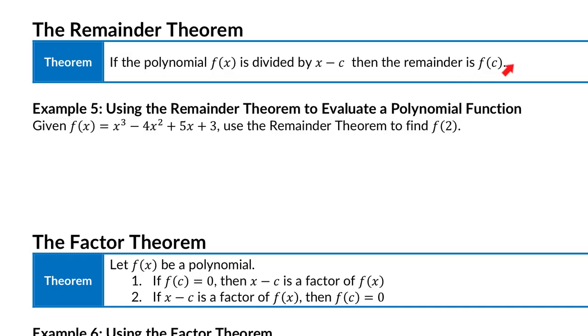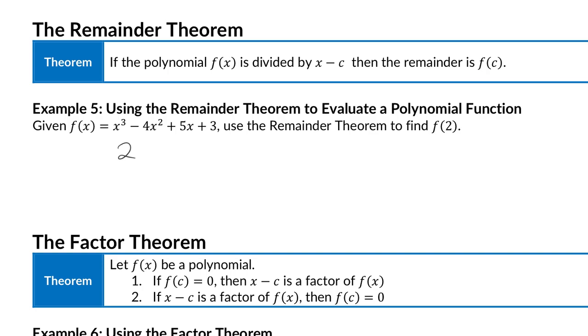So we can also use the backwards of this, that if you wanted to find f of c, evaluated at a particular term, all you'd have to do is divide by x minus c and get the remainder. Meaning, if we're given f of x equal to x cubed minus 4x squared plus 5x plus 3, and we wanted to find f of 2, all we would do is synthetically divide these two things.